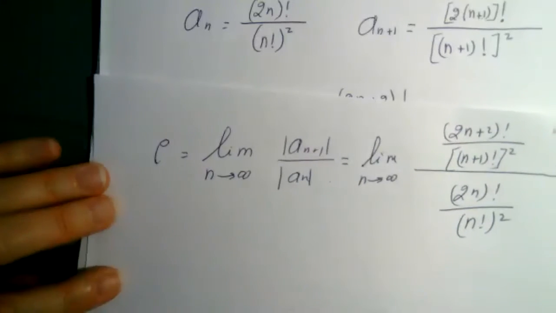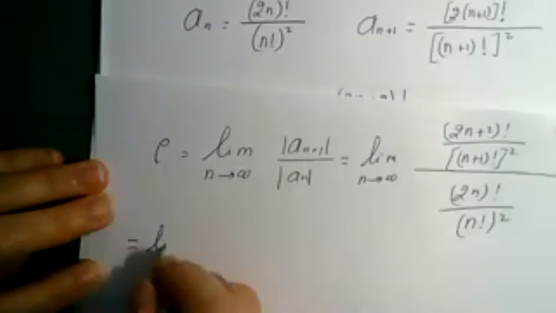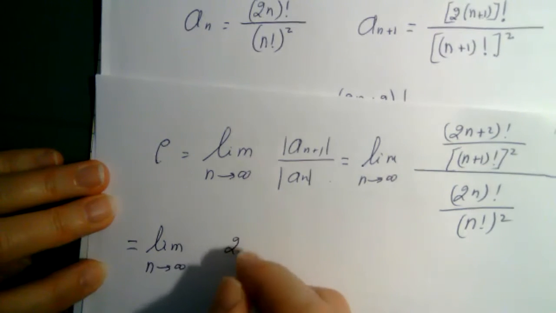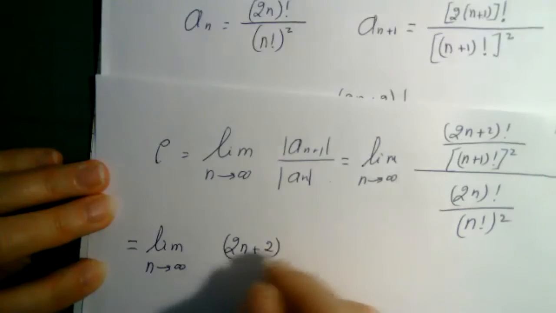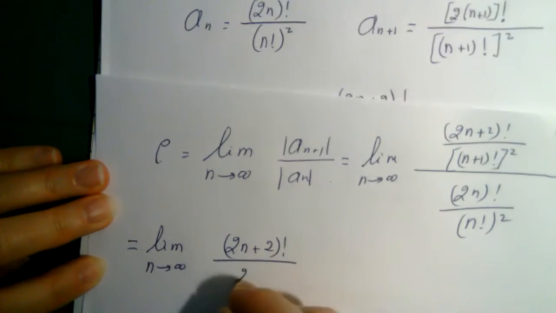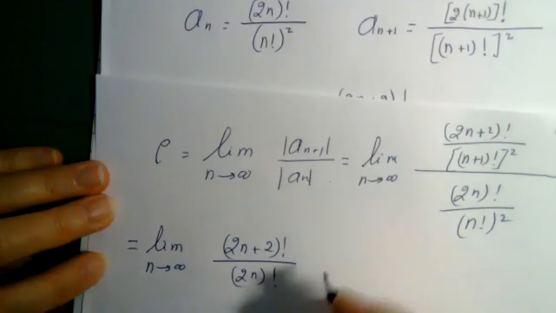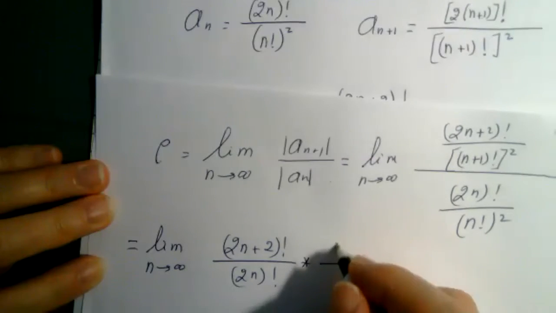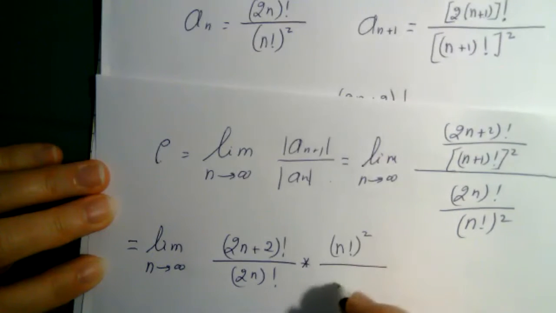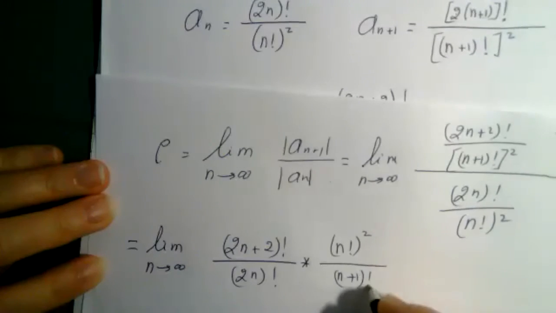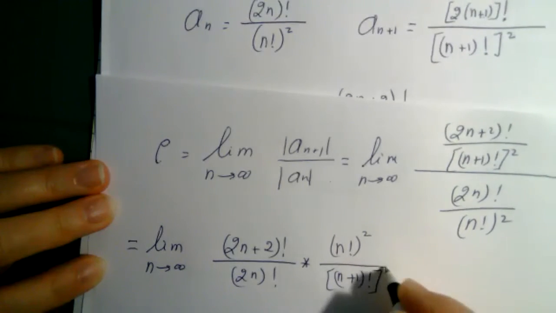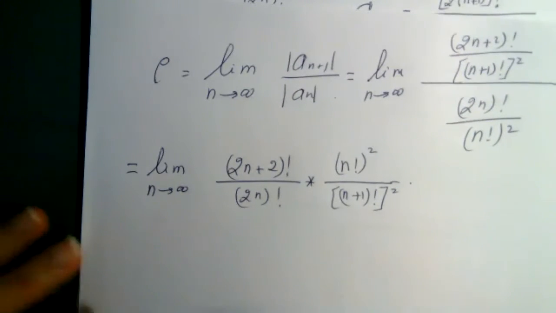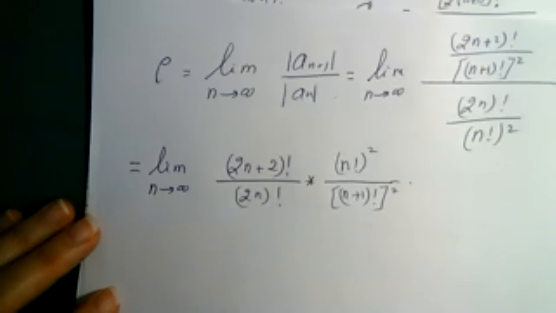So it's going to be equal to the limit as n tends to infinity of 2n plus 2 factorial over 2n factorial, times n factorial squared over n plus 1 factorial squared. And now my job is to simplify this a little bit. This is just a nightmare in the making.